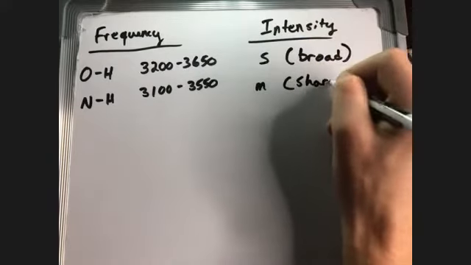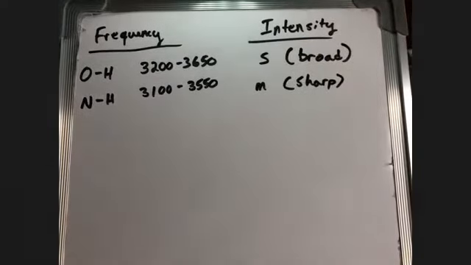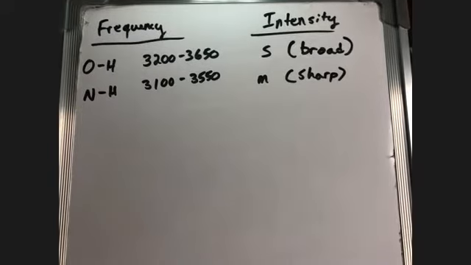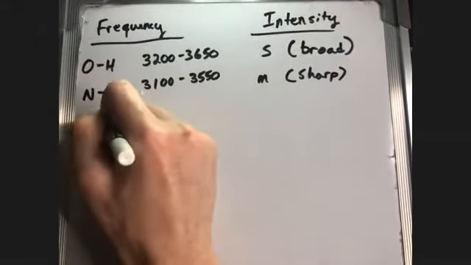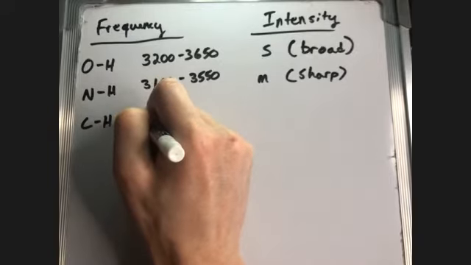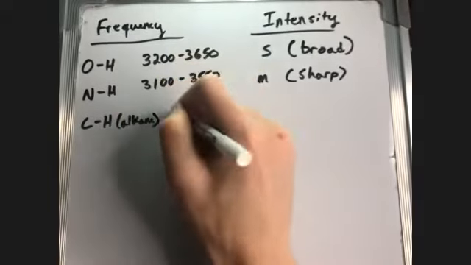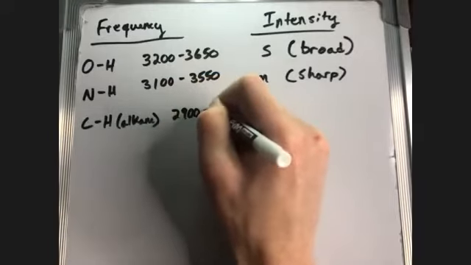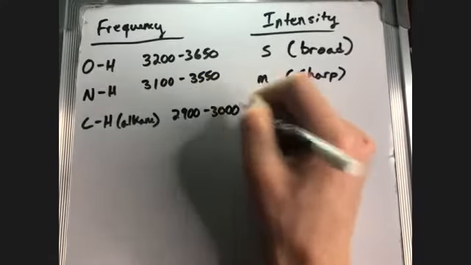So that's how you can distinguish between an OH and an NH: the intensity is slightly higher for OH, and it won't be broad if it's a nitrogen hydrogen bond. And then like I started with, carbon hydrogens of an alkane are right at 3,000, 2,900 to 3,000, and these are usually medium to strong.